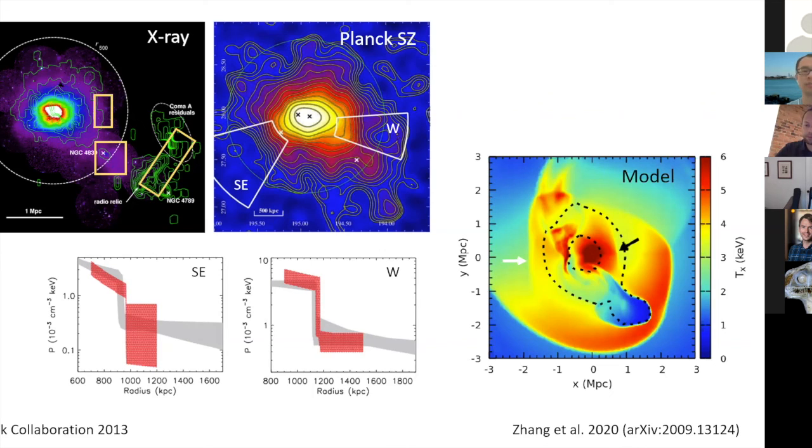So I think one explanation of where the electrons come from is from some radio galaxies, maybe from NGC 4789, because spatially they are associated. But I think it's hard to really confirm this point.